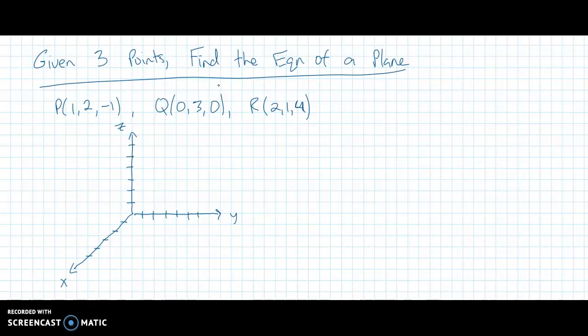All right, so let's do P first. I'm doing 1, 2, -1. So I'm going to go from the origin out to 1, and then I'm going to go over 2 units. So that would be 1, 2 to there.